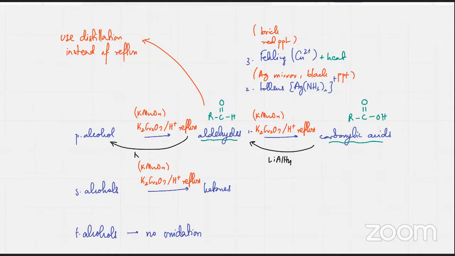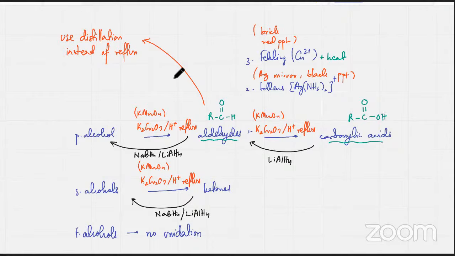In that case, it's going to be NaBH4 or LiAlH4. And ketones can also be reduced back. So if you reduce a ketone, again, it's going to be NaBH4 or LiAlH4.